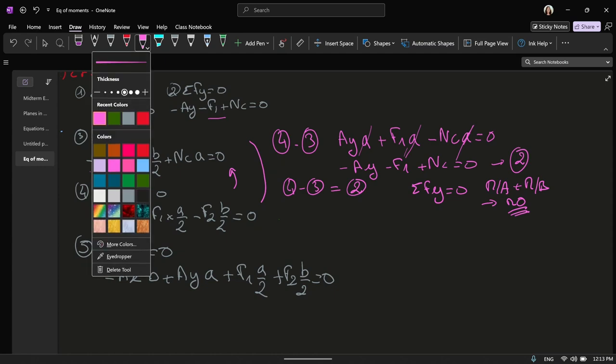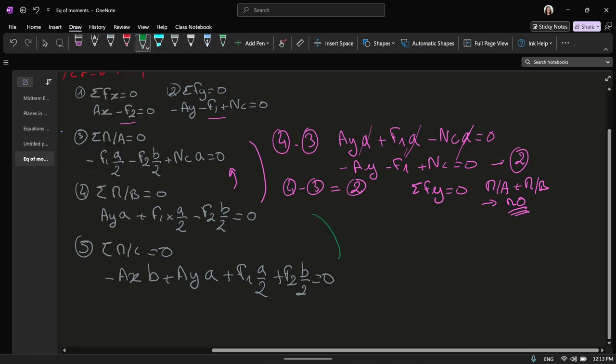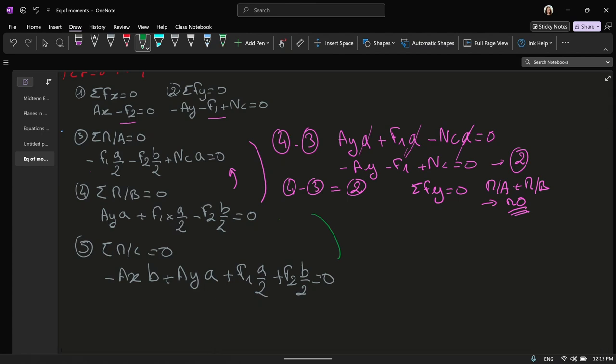Let me use another color. Maybe this one we will see better. So if we do these two, equations 4 and 5, let me think. If we do equation 5 minus equation 4, what do we get? Minus Ax b, so that just gives us minus Ax b.